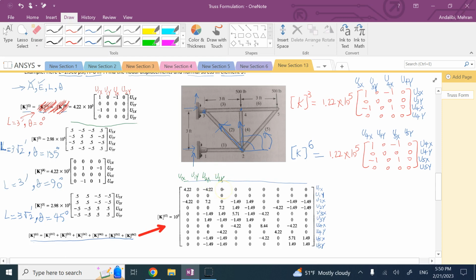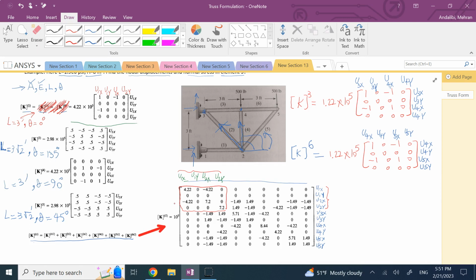So which area should this go? Well, the area is defined by U1x, 1y, 2x, and 2y, which if you look, it is going to be this area and this area, so it is going to be this 4 by 4 matrix. So that is exactly going to go there, and if you can see, that's the exact same thing. Right? So that's where element 1 goes. What about, let's say, element 3?